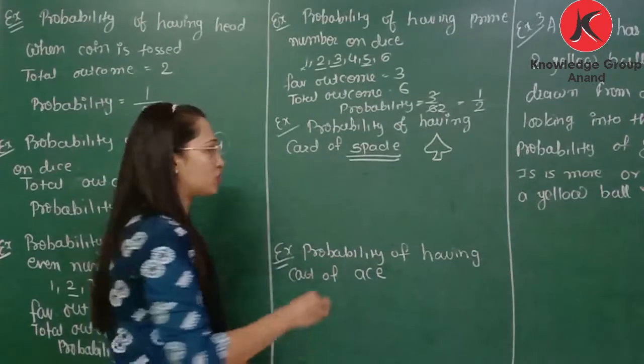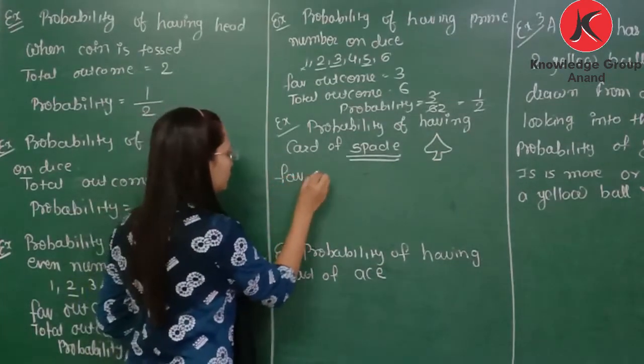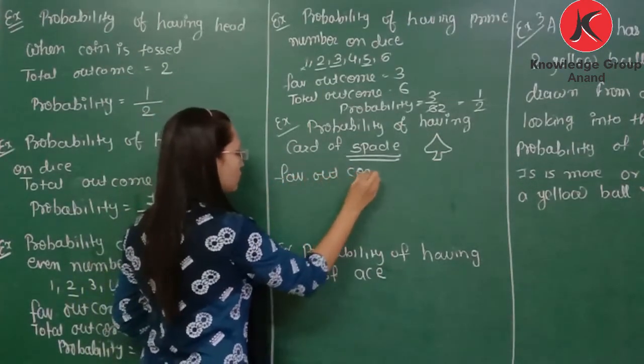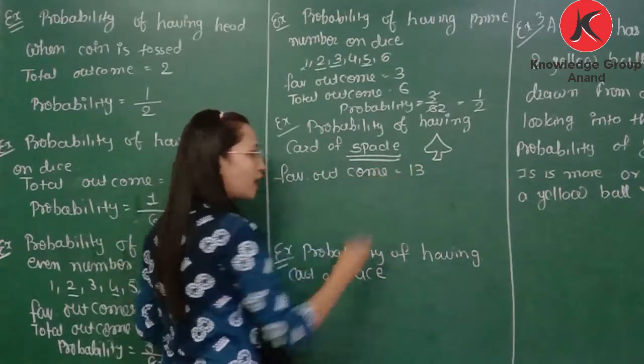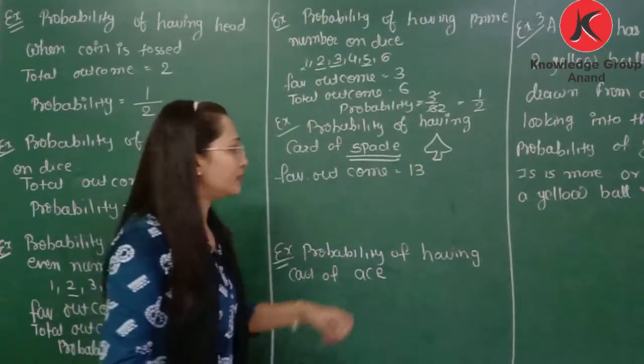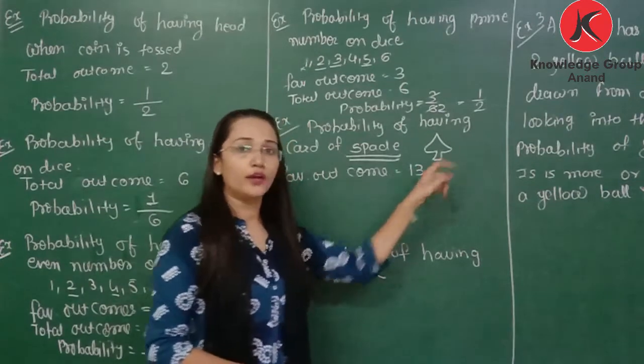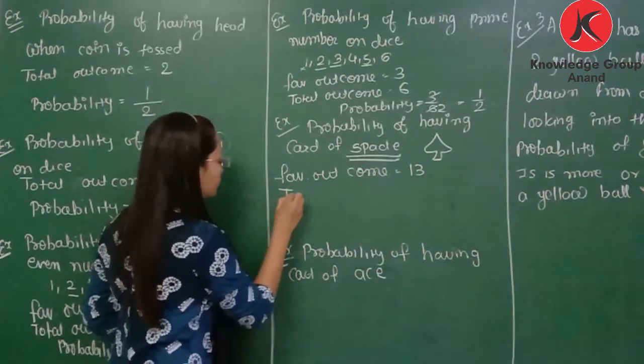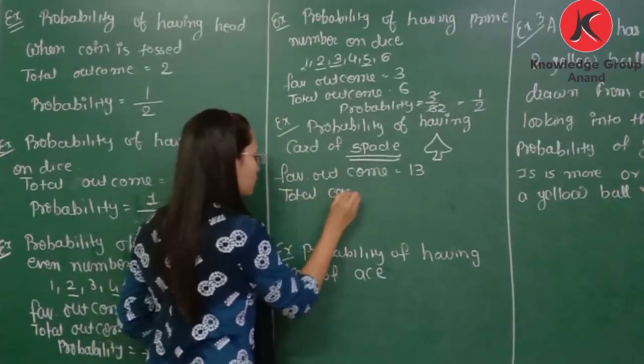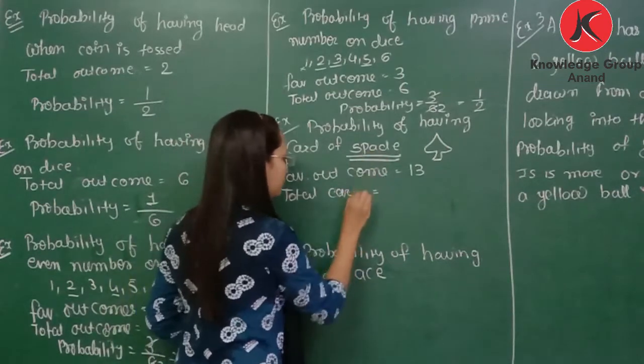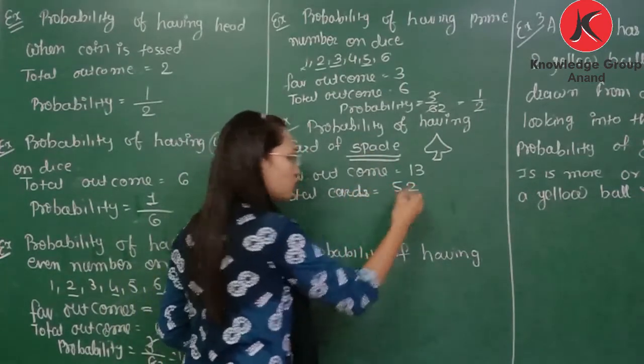So the favorable outcome will be 13. Why? Because there are 13 cards that have this symbol and total cards are 52.